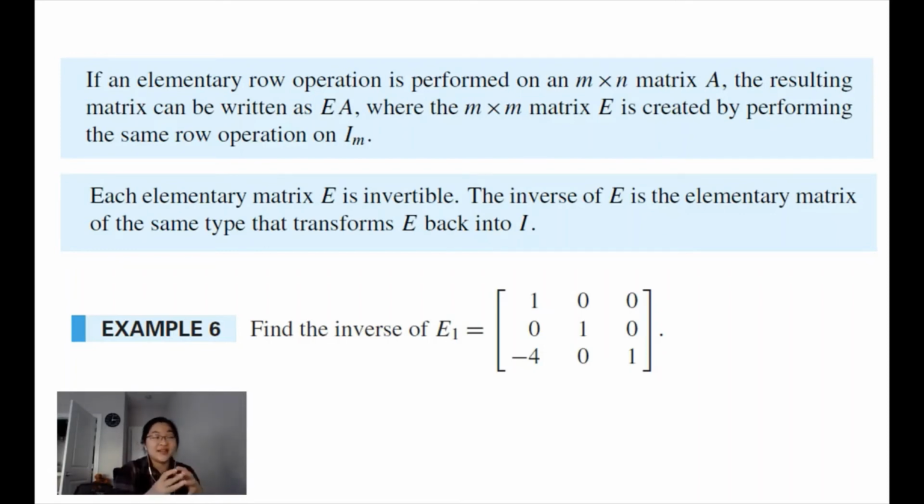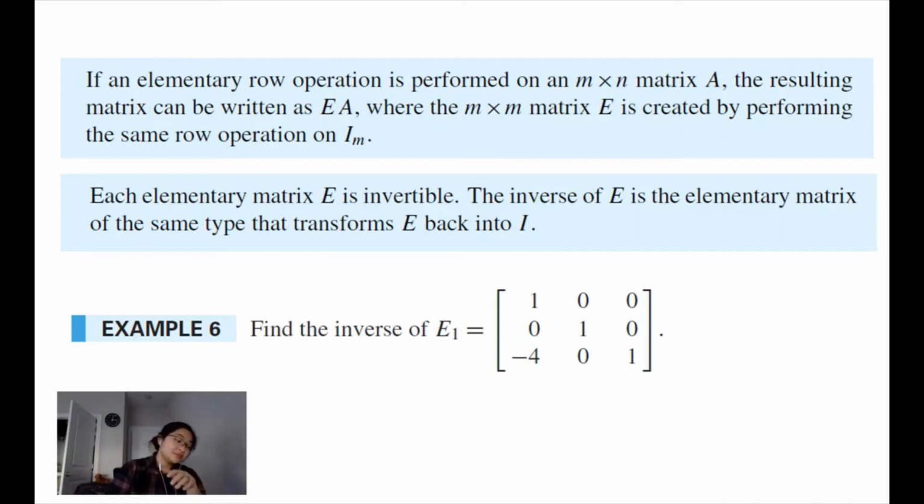Well, that elementary matrix is invertible because there's just a simple elementary operation that's happening to it, and the inverse of it, or what gets it back to our identity matrix, is the same thing that takes your elementary matrix back to the identity matrix.